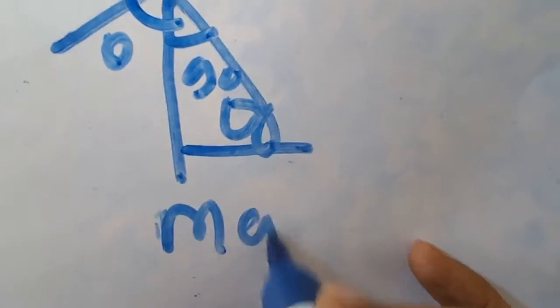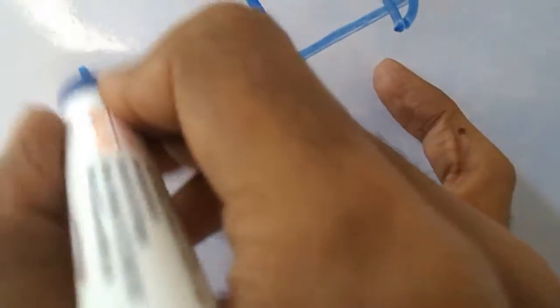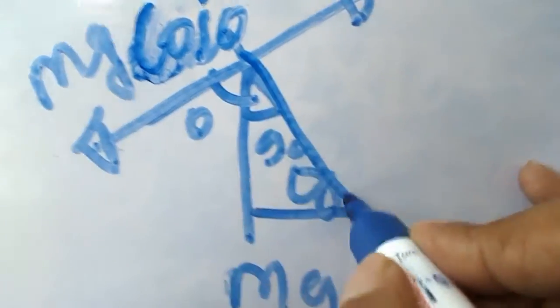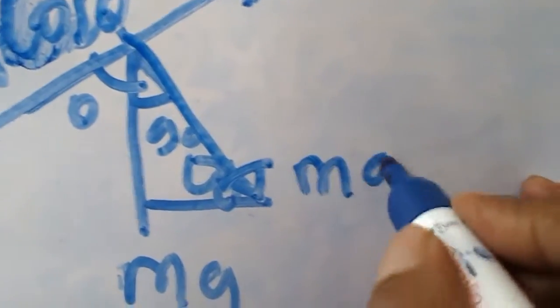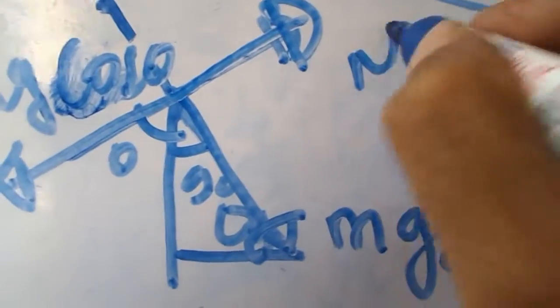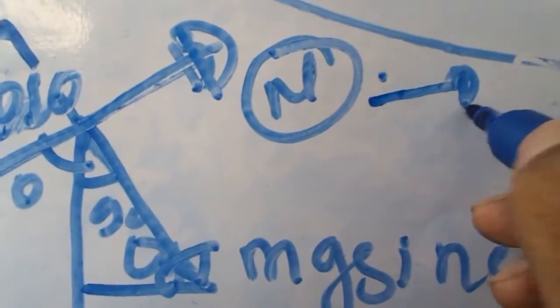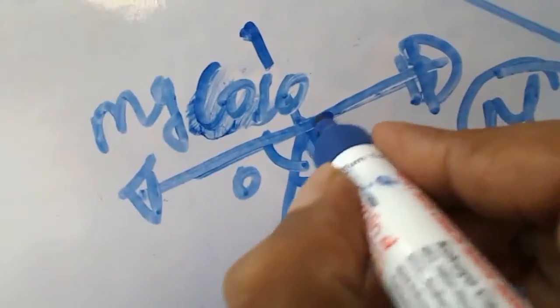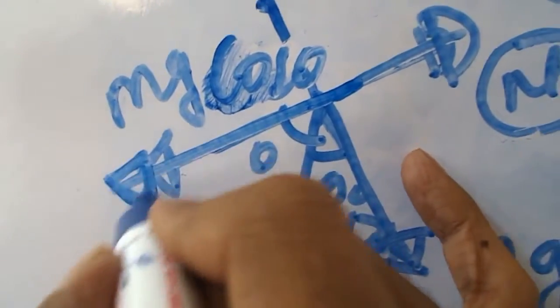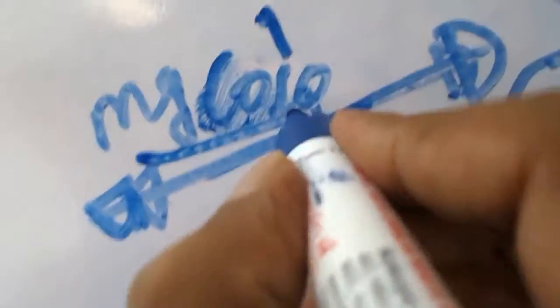Here mg, so the components will be mg cos theta and mg sin theta. Along this there is the component mg sin theta, and in this direction there is a normal force. Who has applied this normal force? The wedge. How do I know it? By Newton's third law. Since this is the direction of acceleration along the y axis, I take mg cos theta as positive.